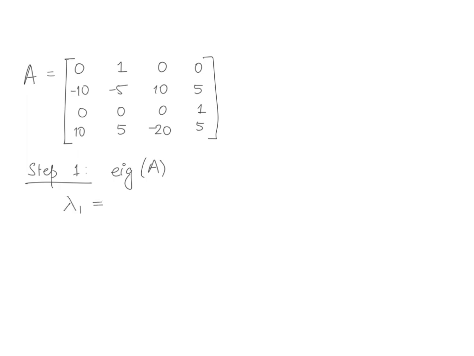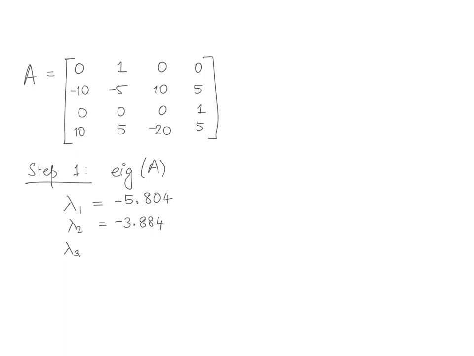So you'll get 2 real eigenvalues. One is negative 5.0804. The second one is negative 3.884, and the other one is a complex conjugate pair.